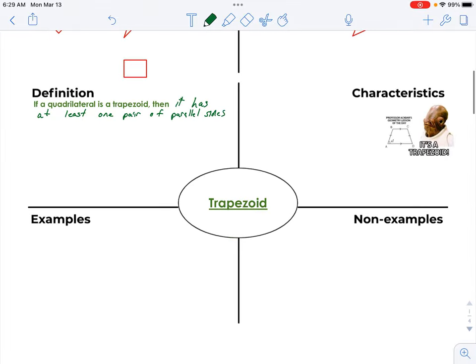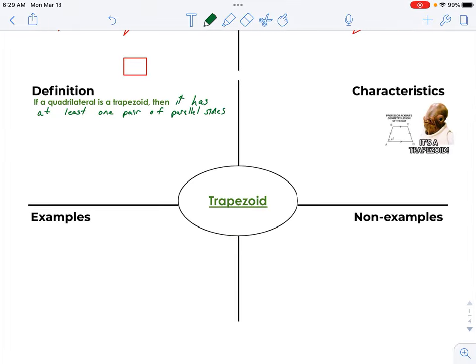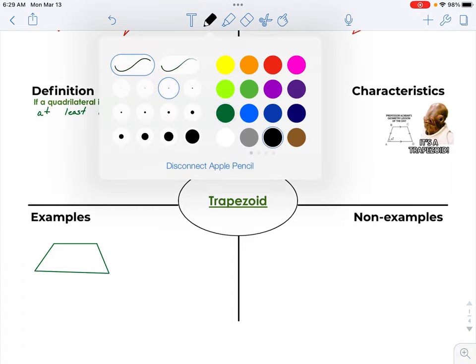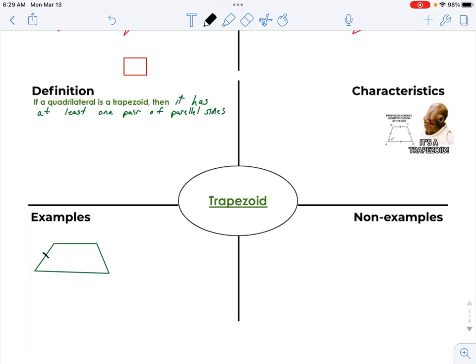All right, and then I just like to start getting after it with the examples. Boom, boom. We'll draw the most famous one, or at least try to draw the most famous one. This would be the isosceles trapezoid. The legs don't have to be congruent, but in this case, they were.